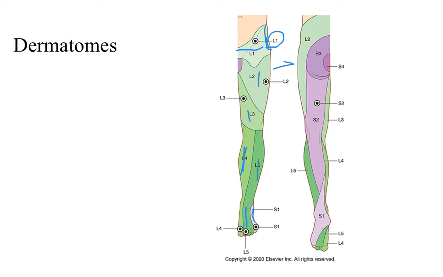All right, and then of course you look over here and you can see where L2 continues, and notice that the contributions from L2 and L3, L4 and L5 are isolated to the anterior, lateral, and medial portions, whereas S1, S2, and S3 are specifically localized to the posterior portion of the leg and thigh, as well as the gluteal region.